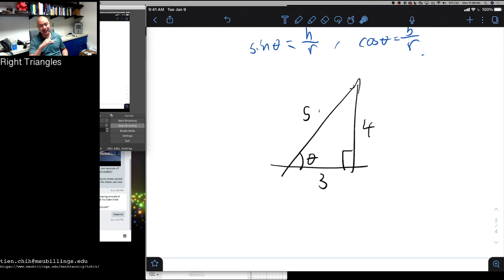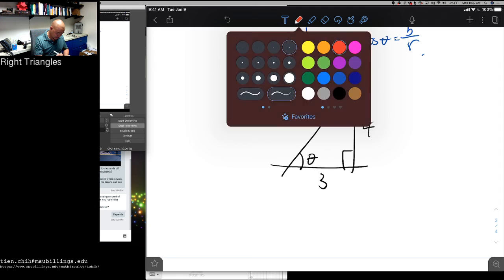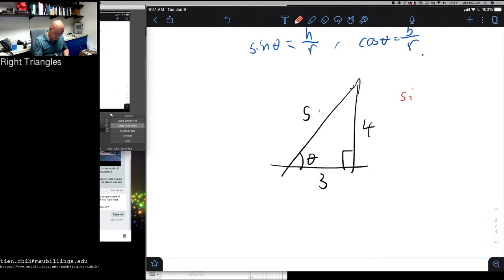What I can say is, hey, the sine value is going to be the height divided by the radius. So that's going to be 4 over 5. And the cosine value, that's going to be the base over the radius. So that's 3/5.